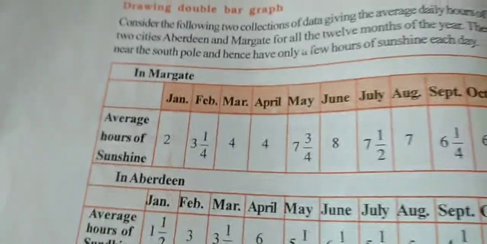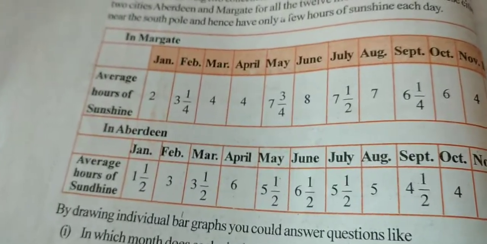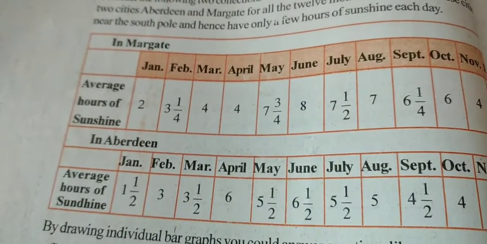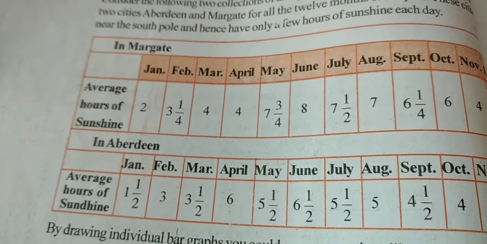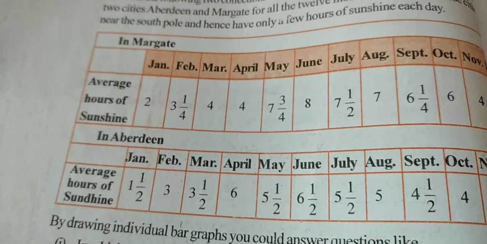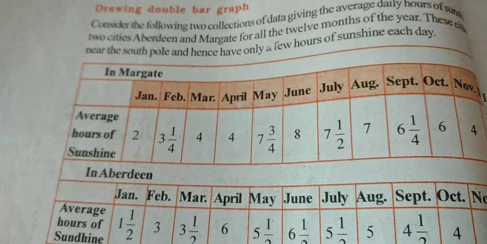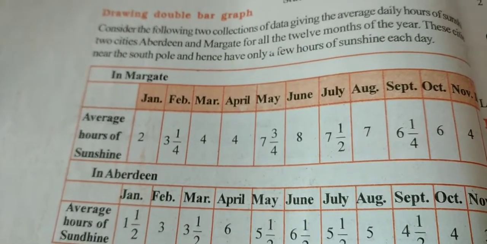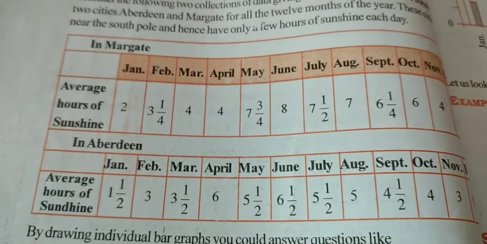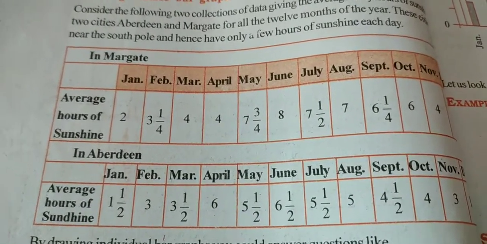Qualitative, here you can see it's a joint table showing you average hours of sunshine in Aberdeen and in Margate. 2 places, 2 cities, average hours of sunshine is taken.